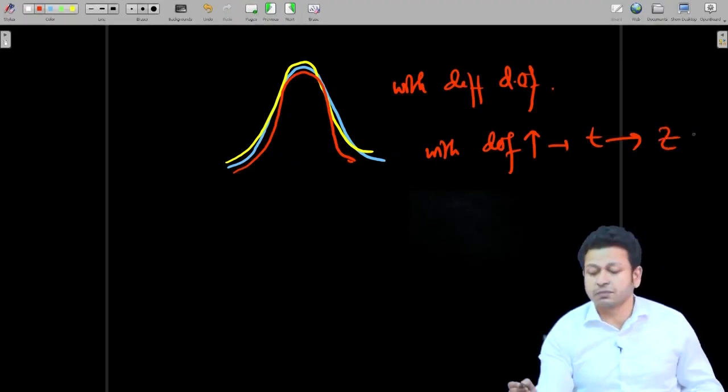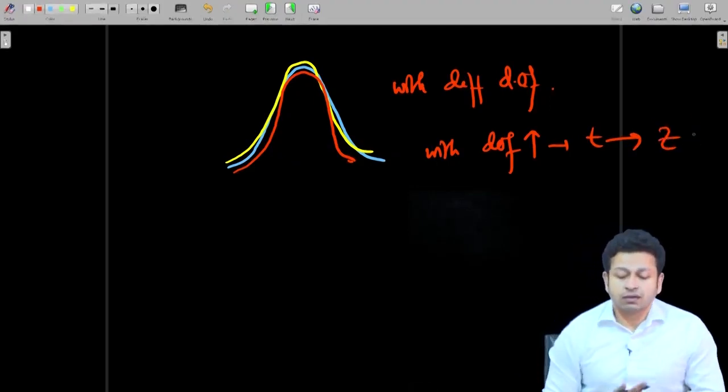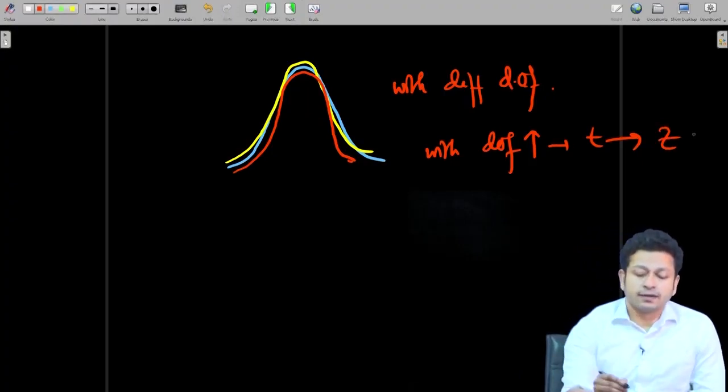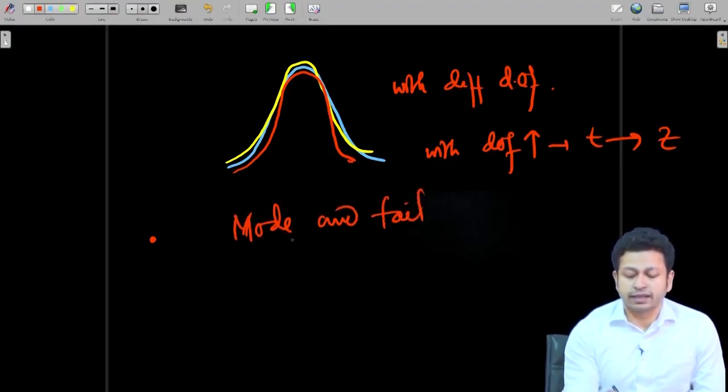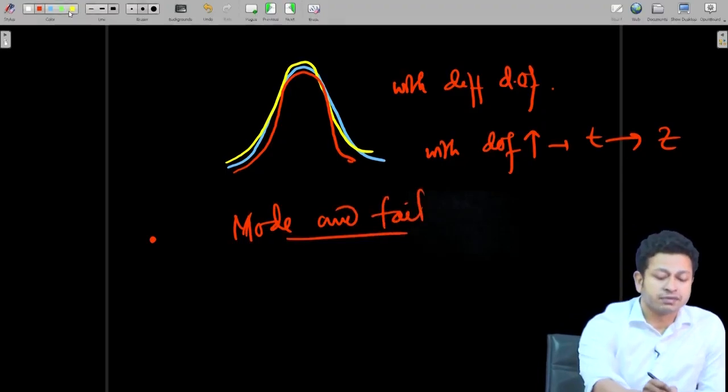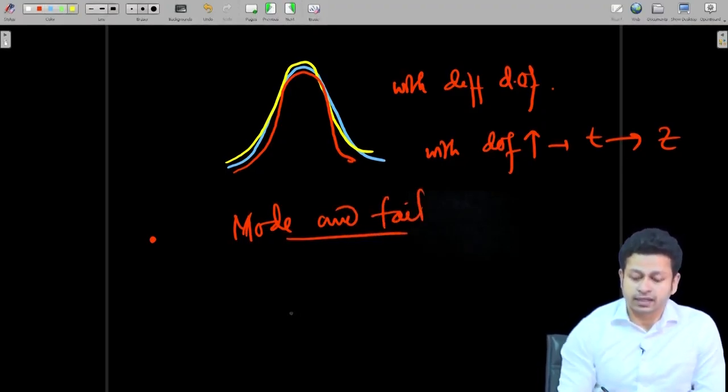The difference between T and normal distribution is in the mode and the tail. We need to remember this: the mode and the tail are where we see some differences between the T and Z distributions.